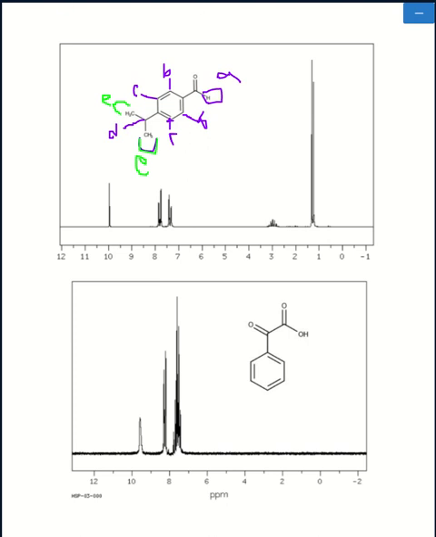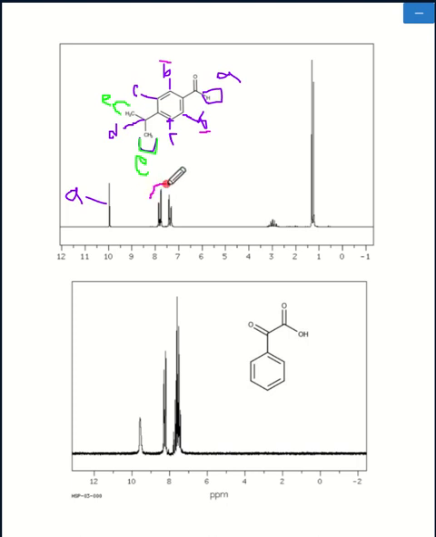So, just going to start deciphering all this. Well, A is going to be very easy because environment A, that's the aldehyde hydrogen. Aldehydes, they love to show up around 10 parts per million. So, hey, cool. That guy right there. And then as far as the benzene ring, the hydrogen that are attached to carbons closest to the aldehyde substituent, that aldehyde substituent is going to cause those hydrogen to become more deshielded or more downfield.